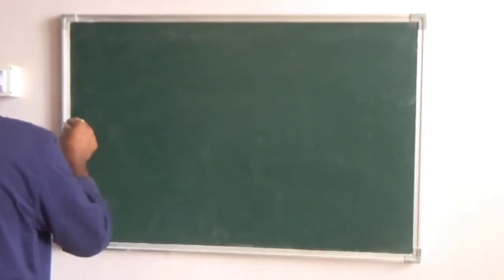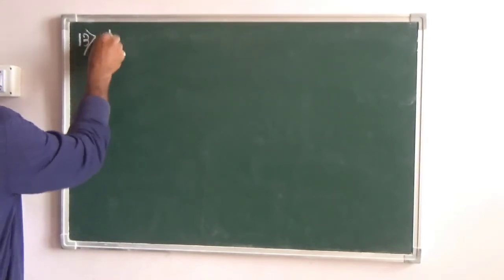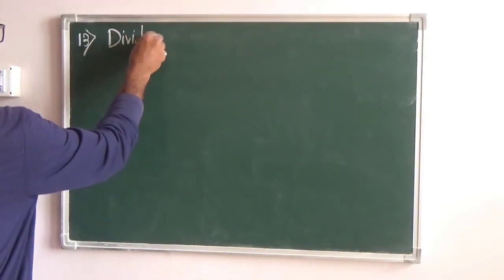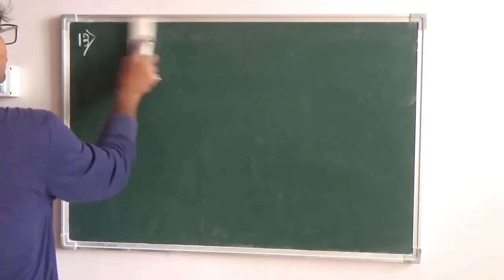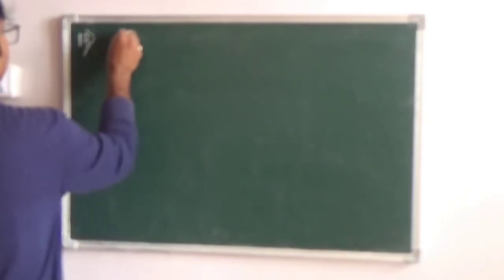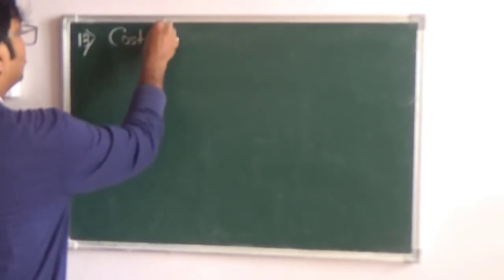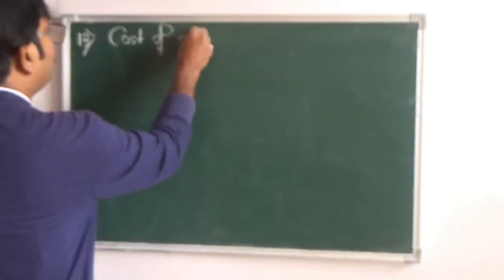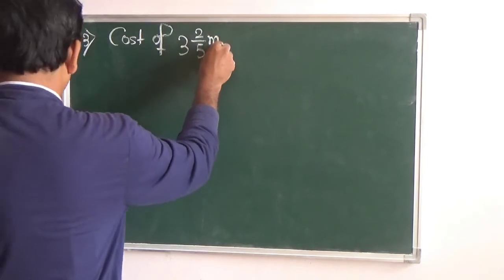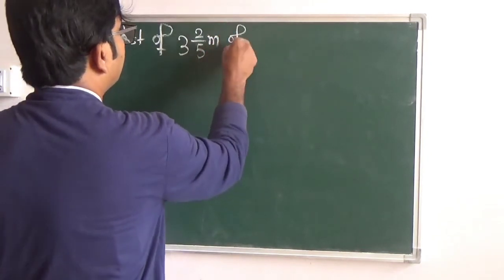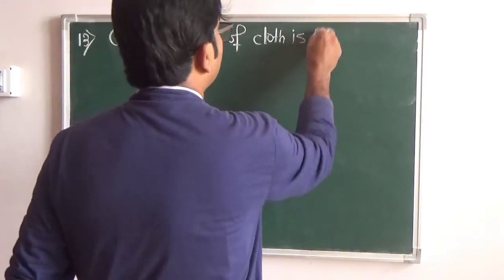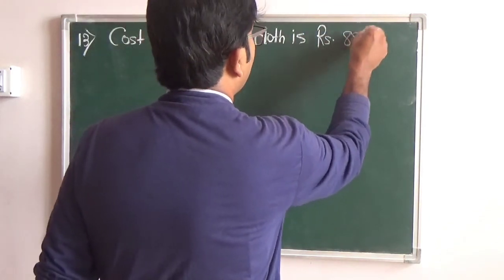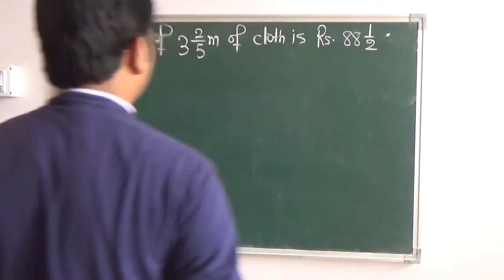So we have question number 13. The cost of 3 2/5 meter cloth is rupees 88 1/2.